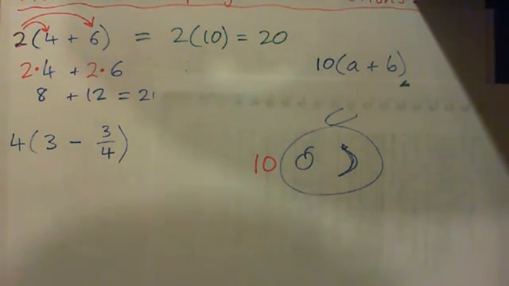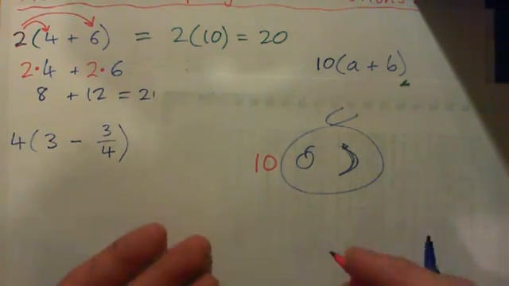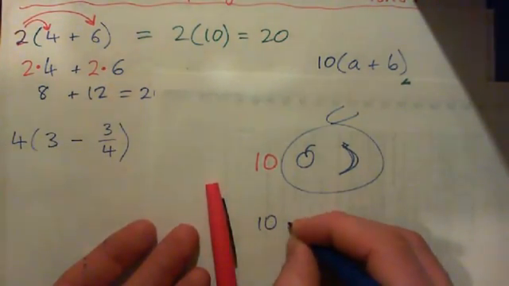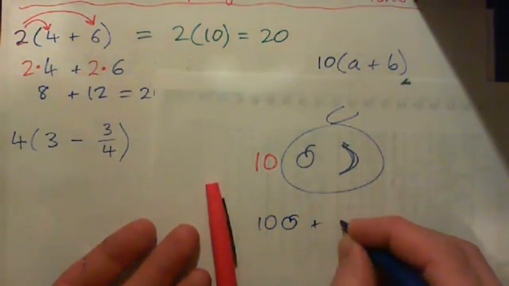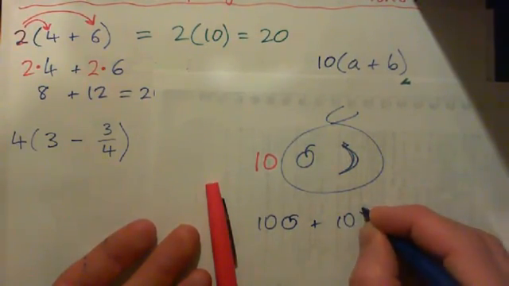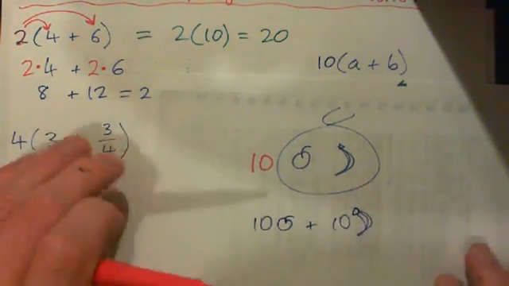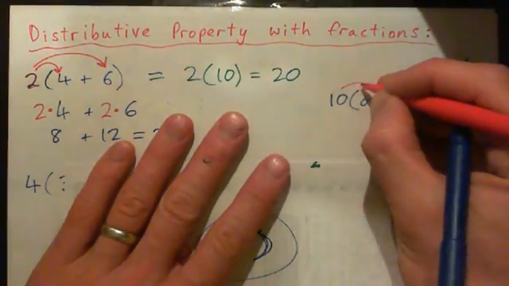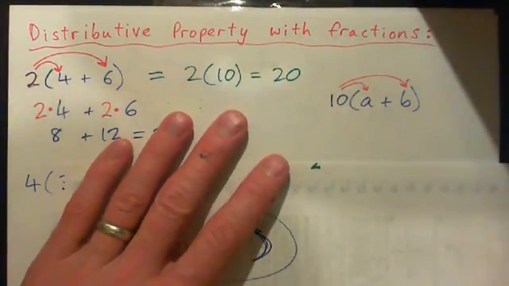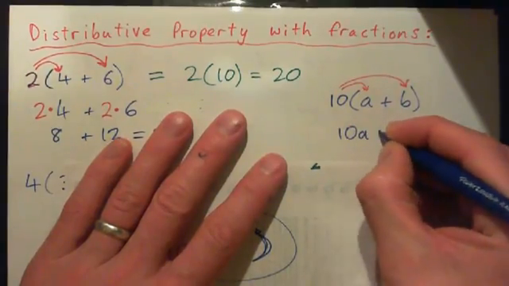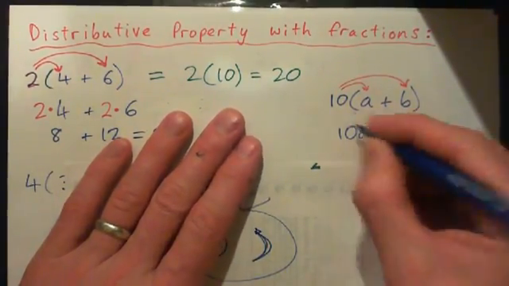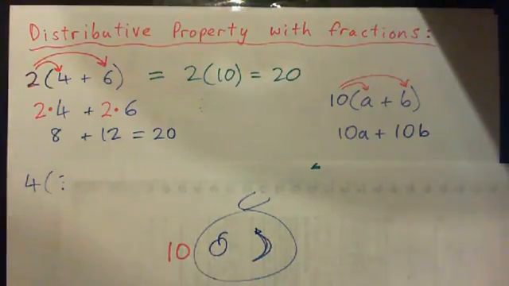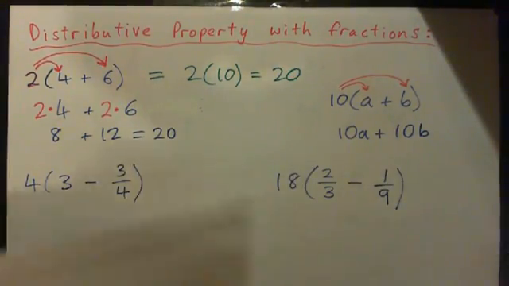Are they trying to say there's 10 bags? Right? 10 bags. And so that means there's going to be 10 apples plus 10 bananas. Does that make sense? Yep. So if I was doing 10 times A plus B, I could take this 10 and multiply it in here and here, and I get 10A plus 10B. 10 apples and 10 bananas. Anyway, that's it. The distributive property.